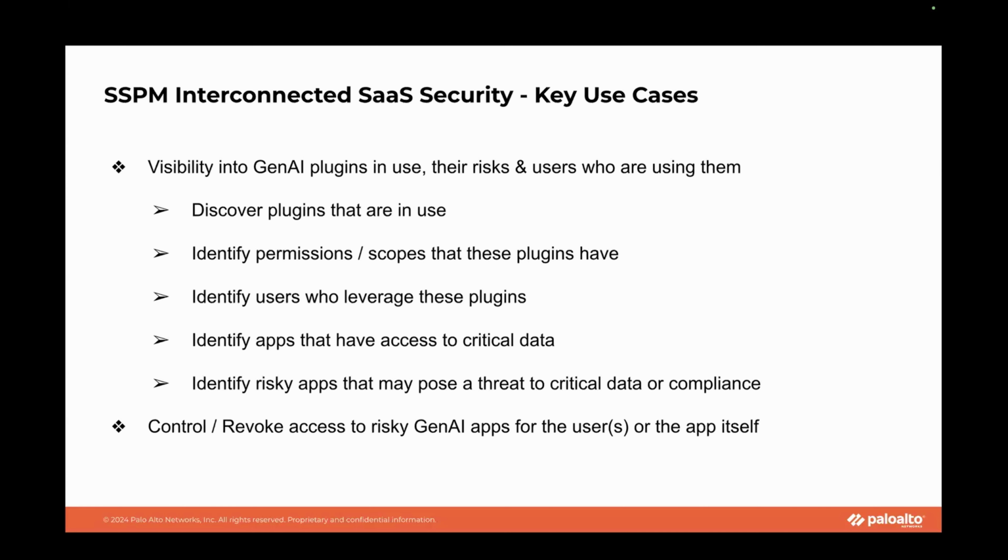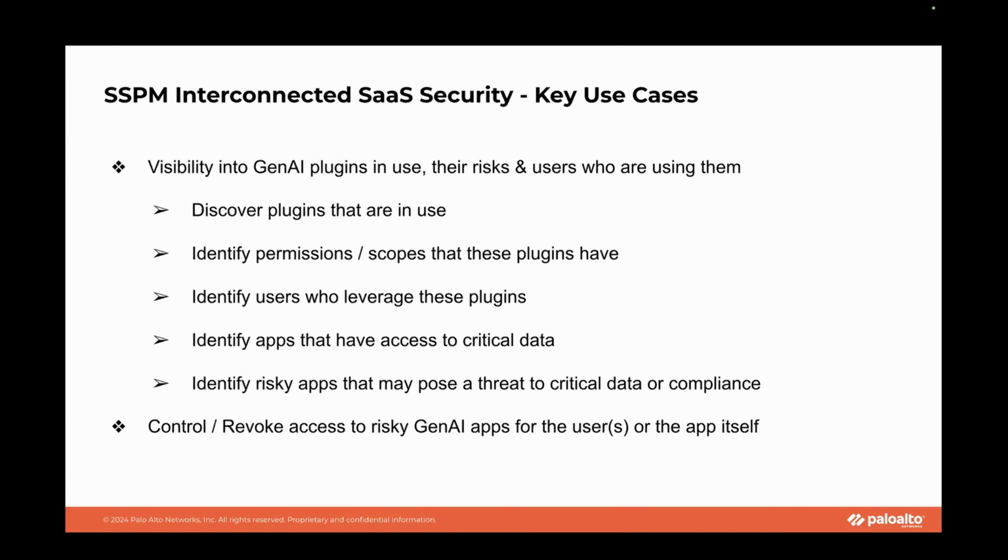We identify permissions, what level of access these plugins have within your environment, whether these permissions are intrusive such that they may risk your data security, data privacy, or other compliance requirements. We identify the users who are using them, how many of those users are using them, and then we also help you identify whether they have access to critical data, right?